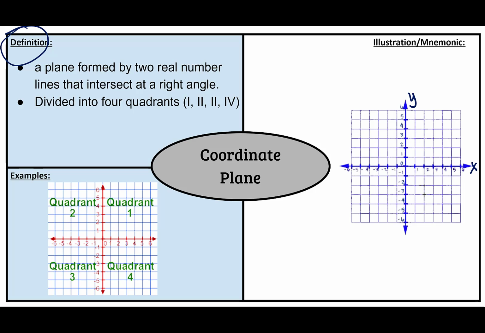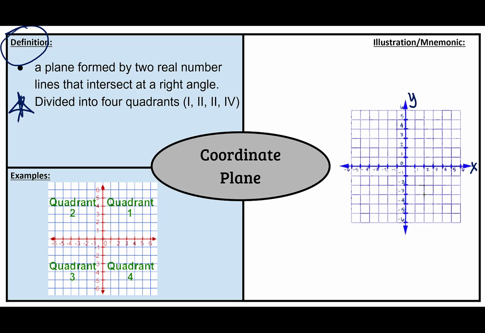And because of that intersection, as you can see here, the plane is divided into 4 quadrants. Those are quadrants 1, 2, 3, and 4. Look down at the example section, you can see how we label those individual sections. We start in the top right-hand corner, and we move in a counterclockwise fashion.